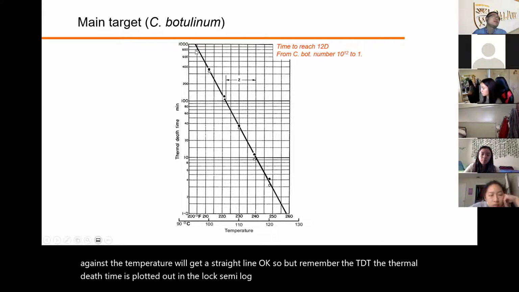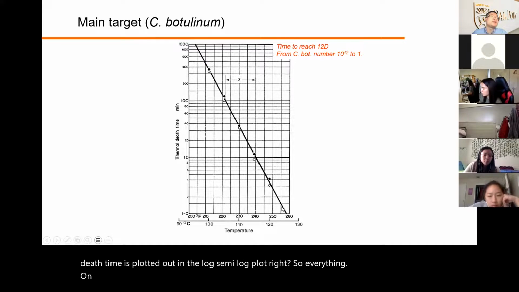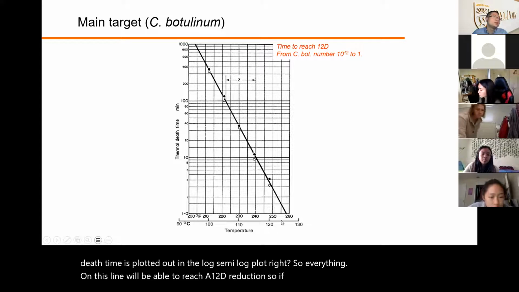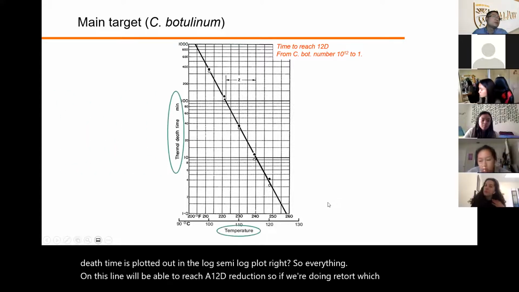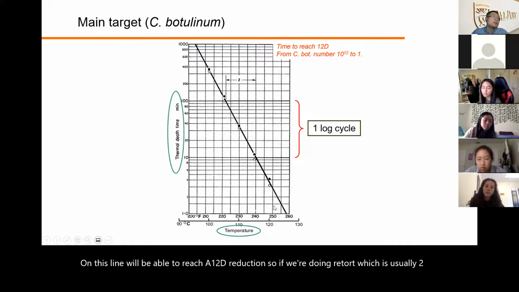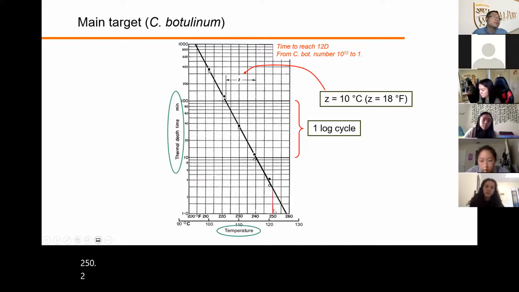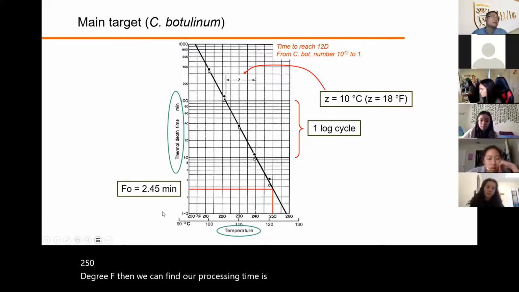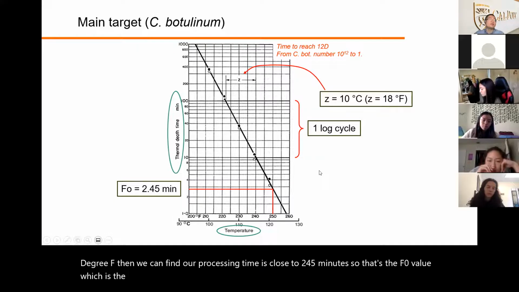So everything on this line will be able to reach a 12D reduction. So if we're doing retort, which is usually 250 degrees F, then we can find our processing time is close to 2.45 minutes. So that's the F0 value, which is the standard F value that we have to refer to.